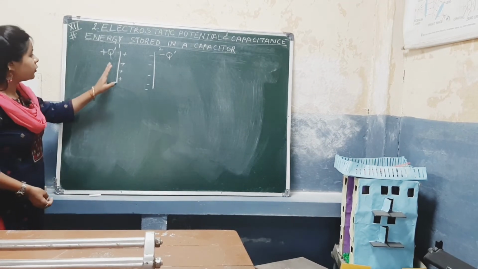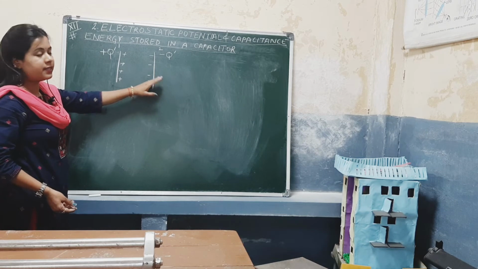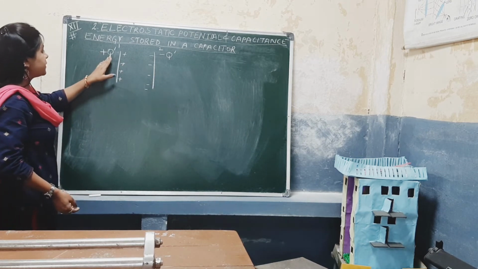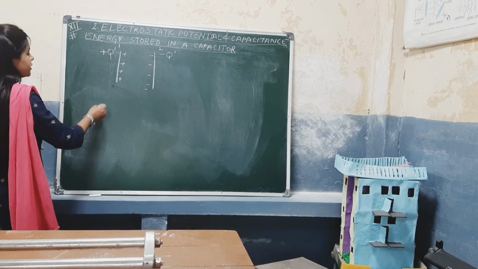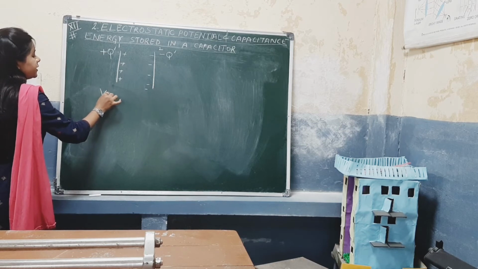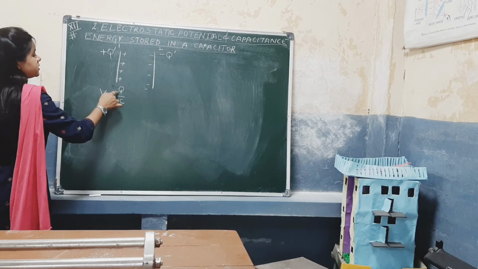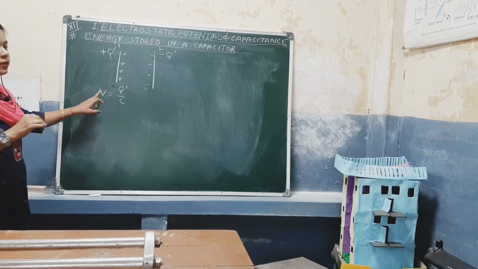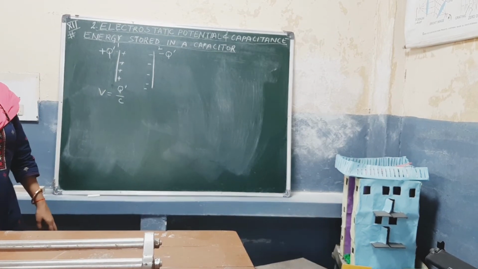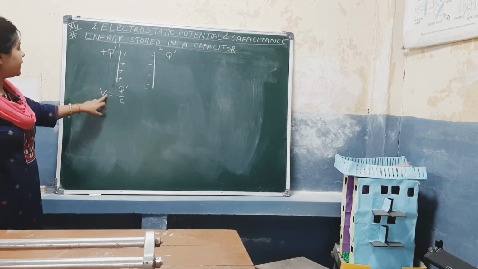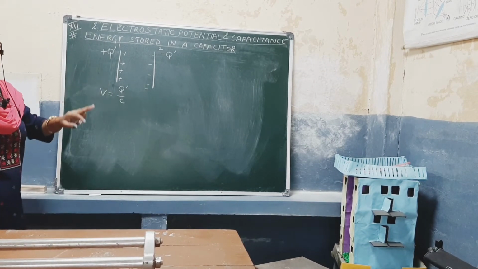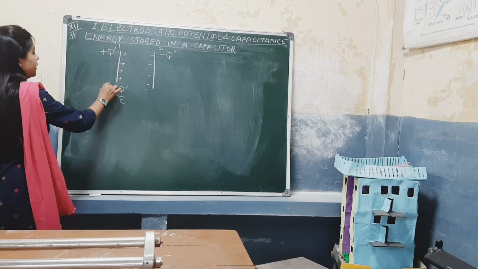So what will be the potential difference at that instant? The potential is equal to Q upon C, and this charge is Q dash. So V is equal to Q dash upon C. Since we are calculating the potential at that instant, we put a dash here also.